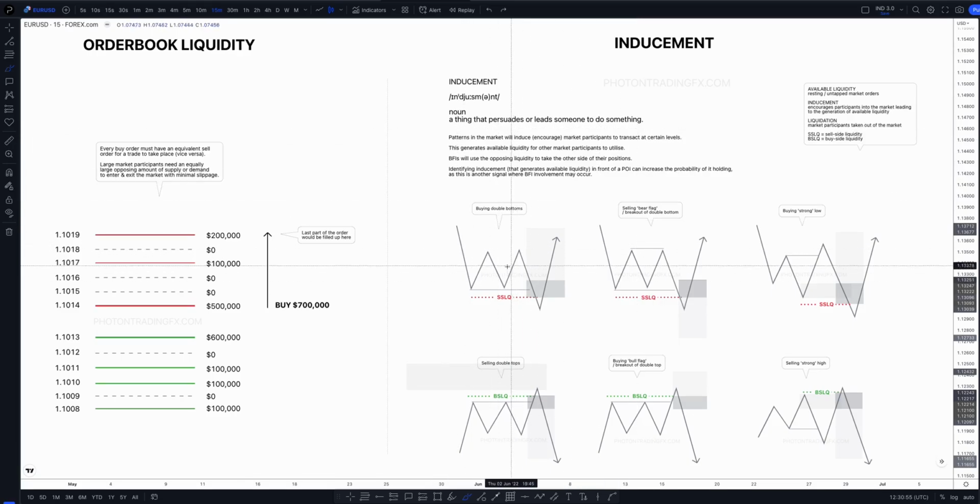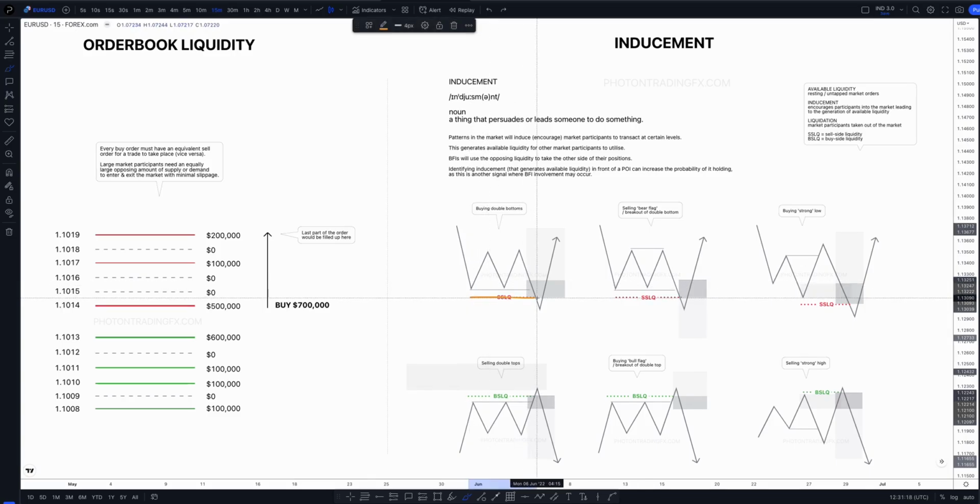So this pattern, these lows, the support level, whatever you want to call it, double bottom, whatever, it encourages market participants to think, okay, I want to buy here. I think this is a strong level. I think we're going to go up, and it induces them into the market to buy. It induces buyers, right? And that inducement, by this creation of these lows, encourages them to get long. And what does that inducement create?